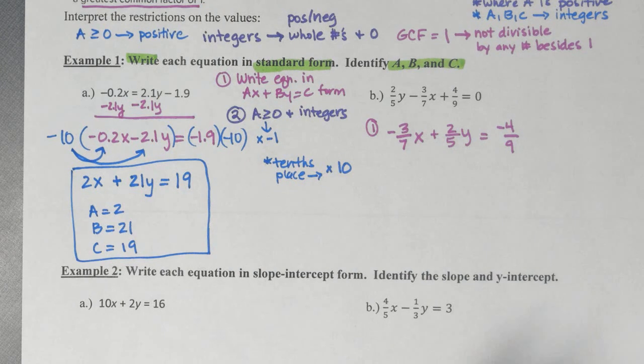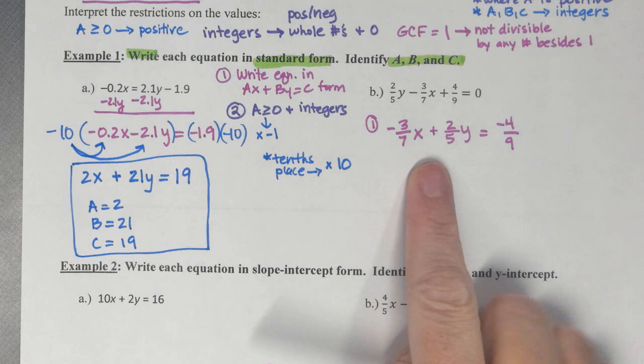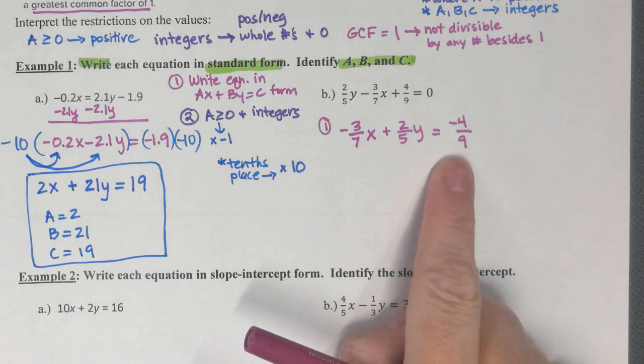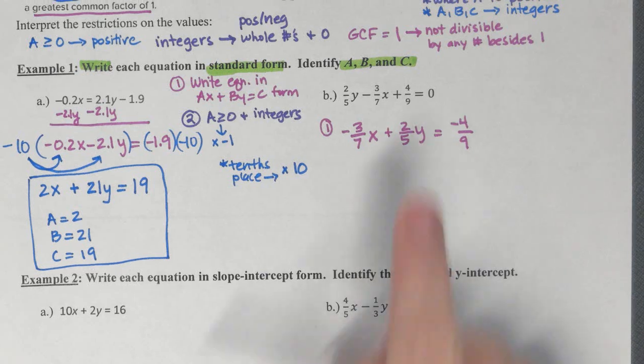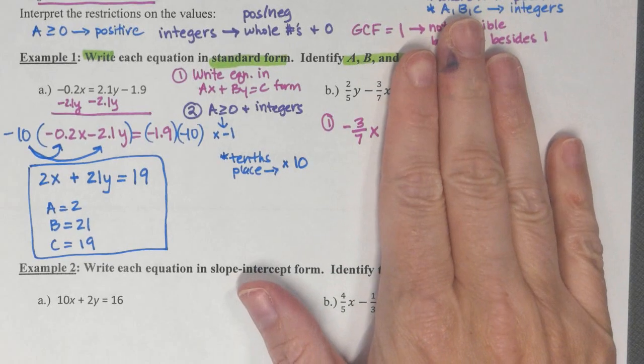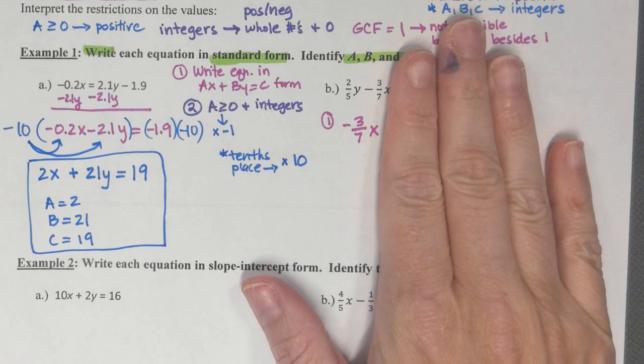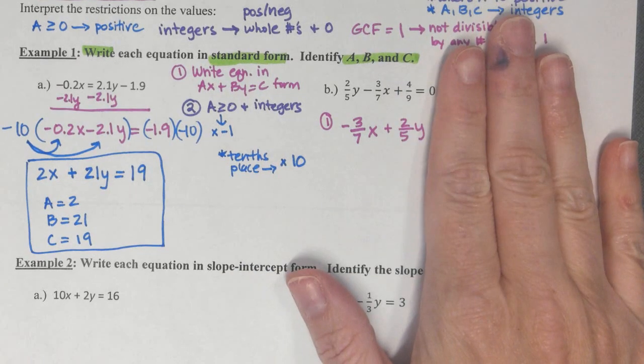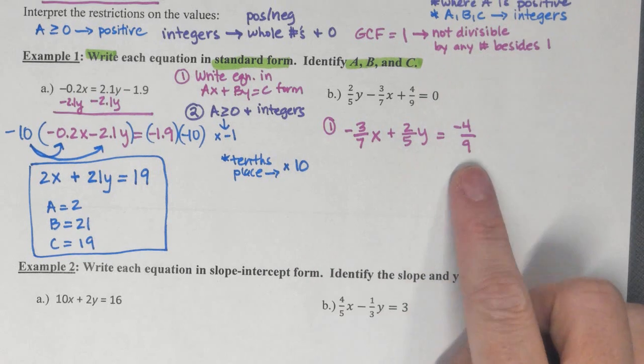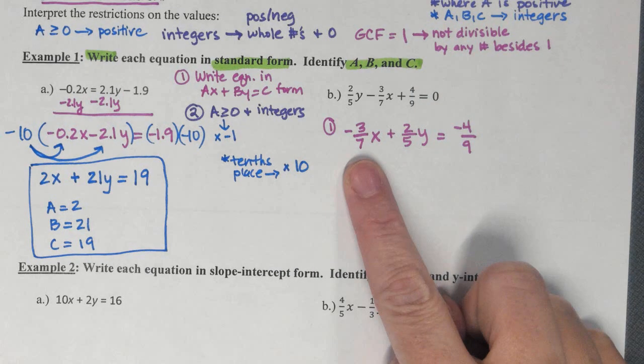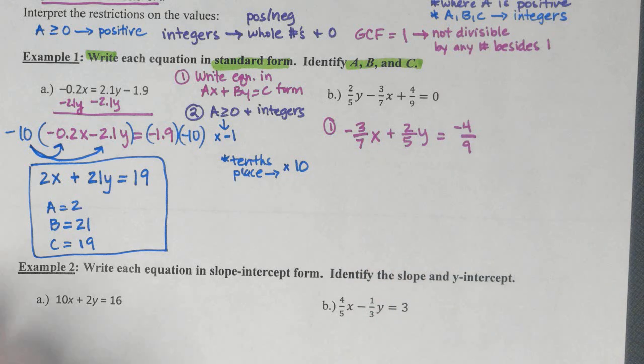Alright, so now we are going to multiply by something that's going to get rid of the fractions, okay? Now, if we just had this fraction, what would I multiply by? 7. What if I just had these two? 35, because that's 7 times 5, okay? So now that I have that, we're just going to do 7 times 5 times 9.